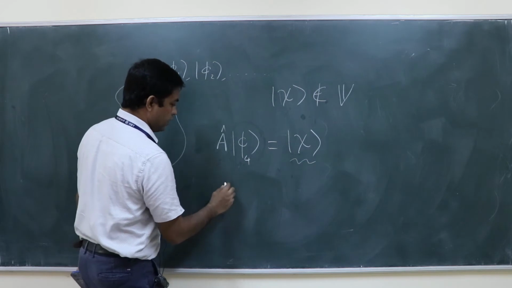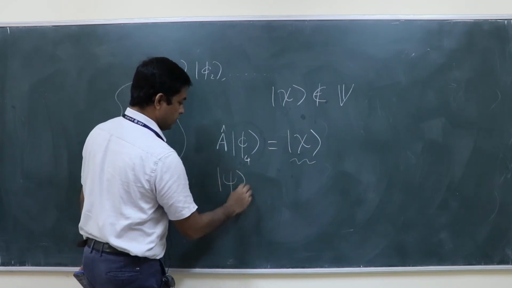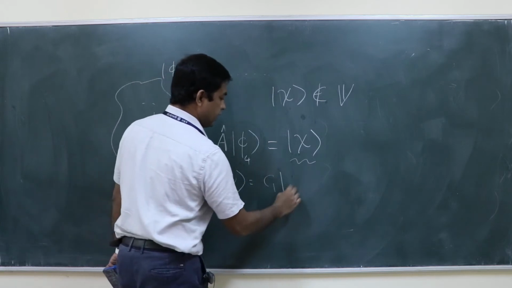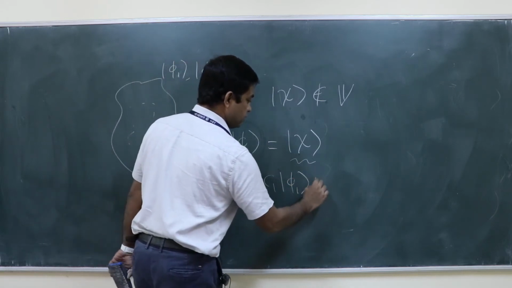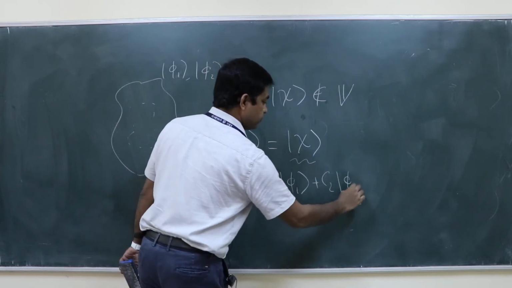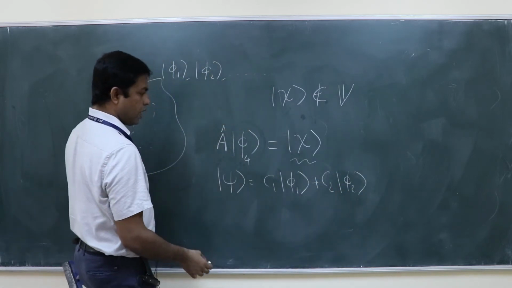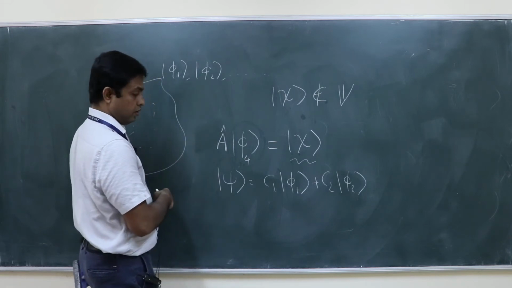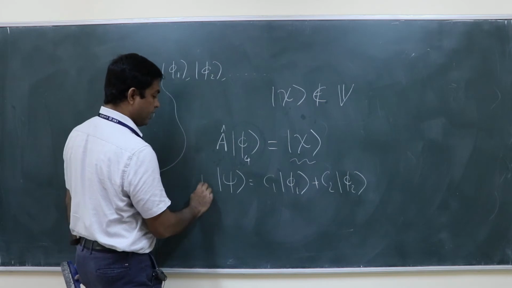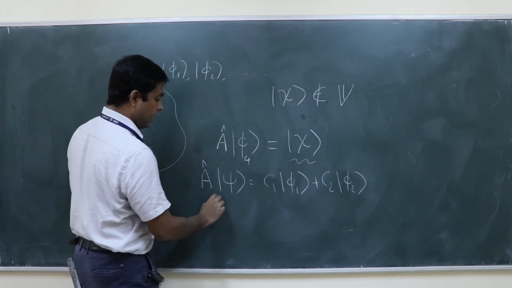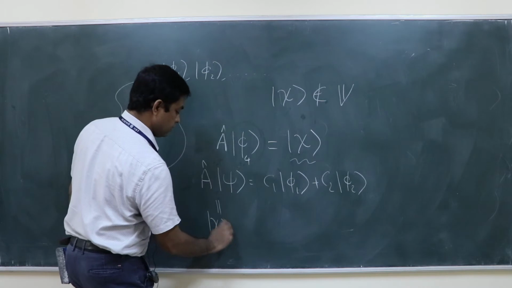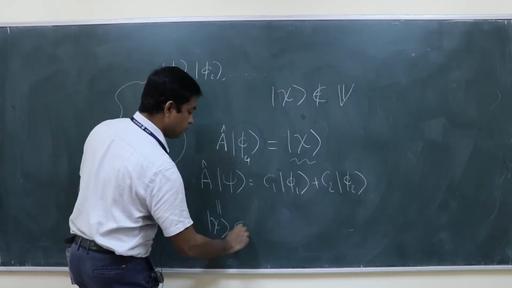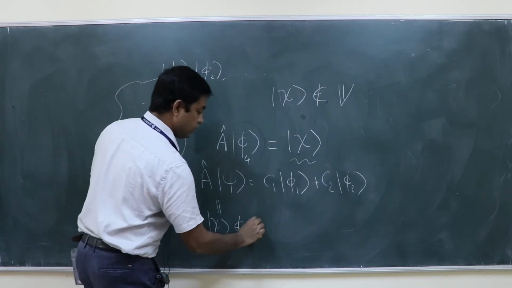See, I have some general vector psi. I can write it, just taking an example of a 2-dimensional case, as C1 ket phi 1 plus C2 ket phi 2. I am saying that this ket psi does not belong to the domain of the operator A. That means when I act A on psi, I get some chi which is not in V. That's all.